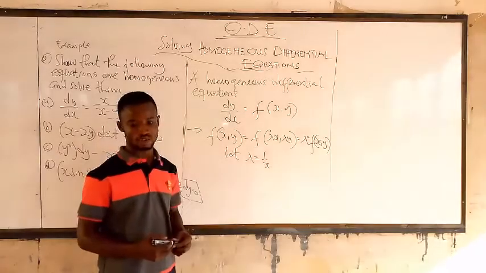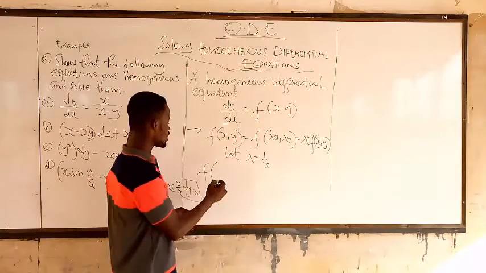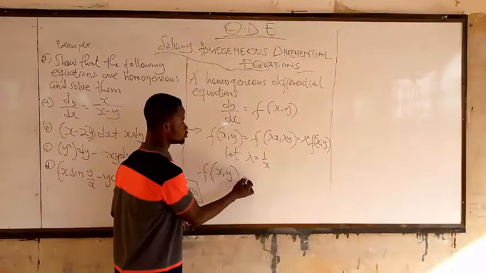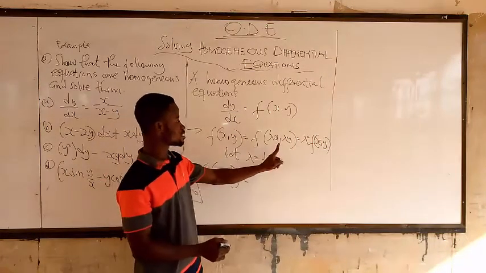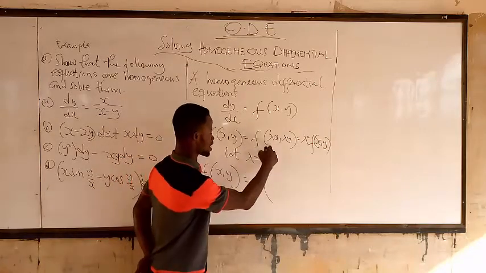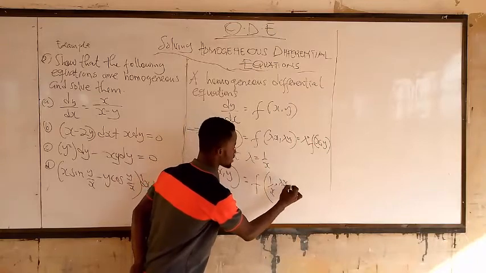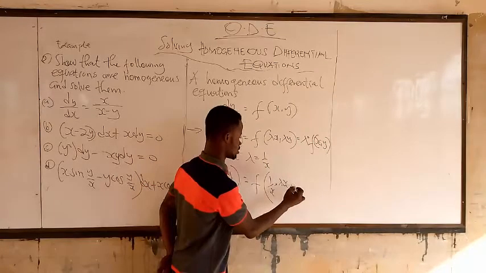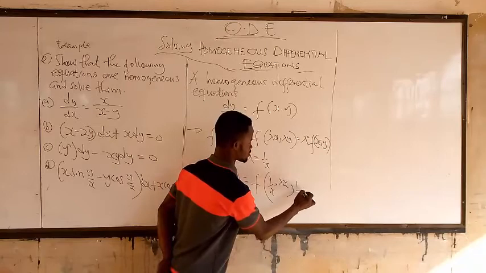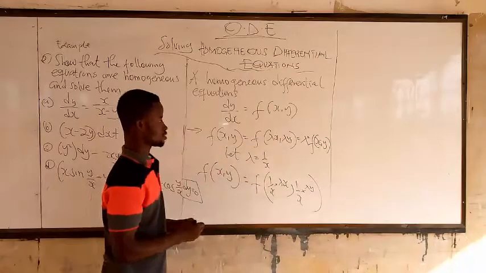So all that you do is that wherever you see lambda, put 1 over x. So we get 1 over x times lambda x, comma, 1 over x times lambda y.